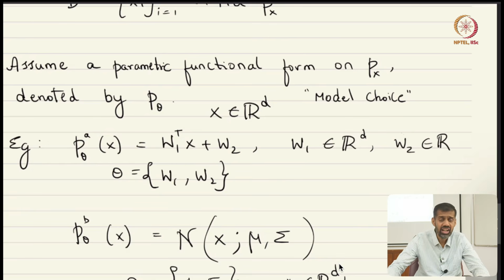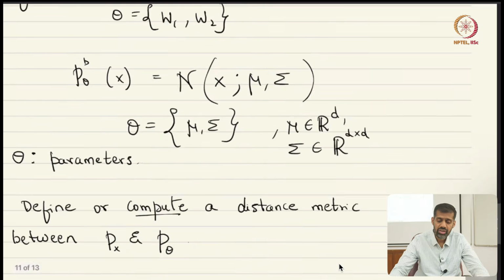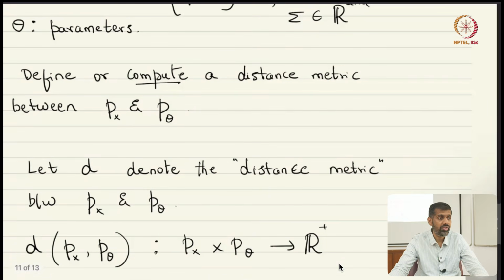Okay, yeah. So assume, parameterize p theta using some parametric family of functions and estimate their parameters. How do you estimate the parameters? You define or compute a distance metric between the true distribution and the distribution that we have assumed, and my nomenclature will be that p theta, which is the distribution that we have assumed on reality, this is what I will be calling either the model distribution or model, or the assumed distribution.